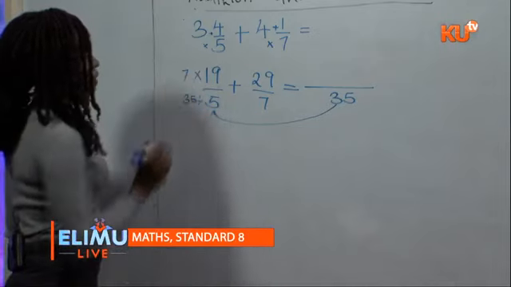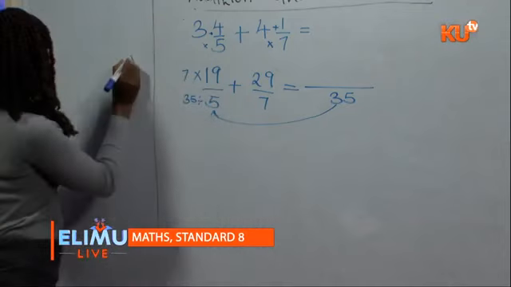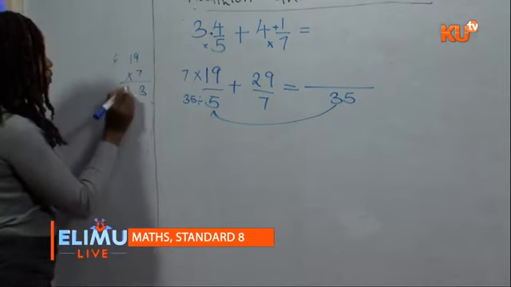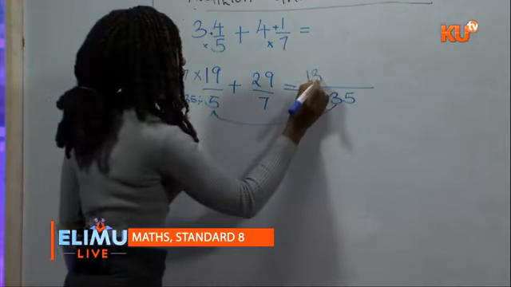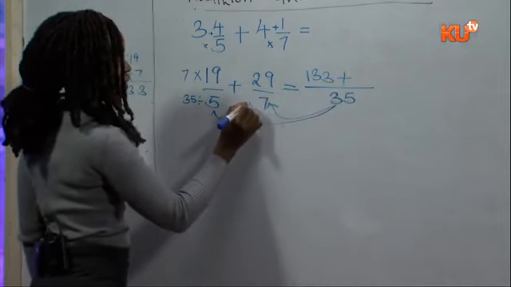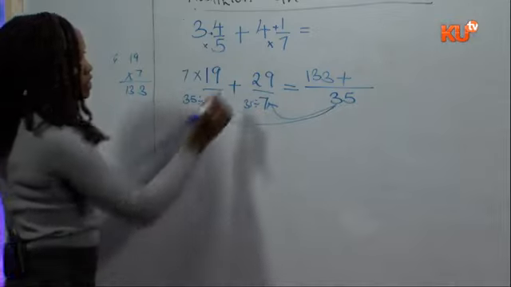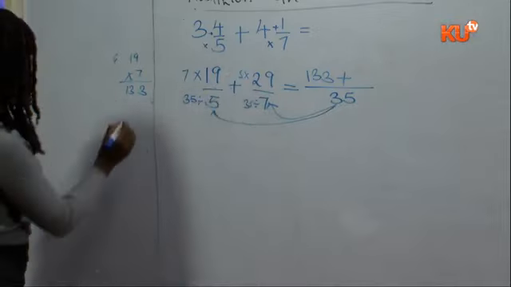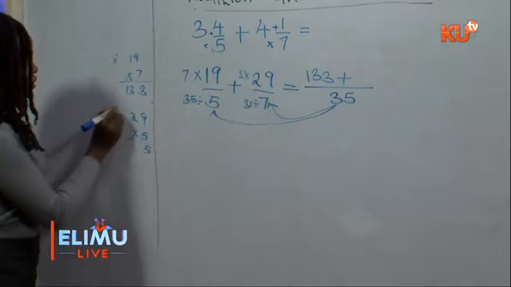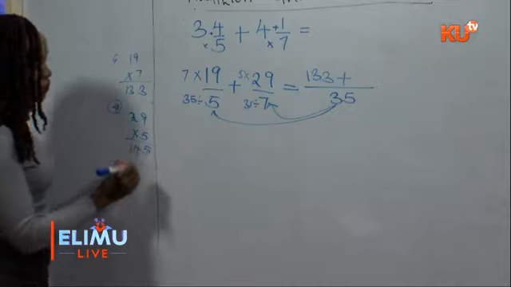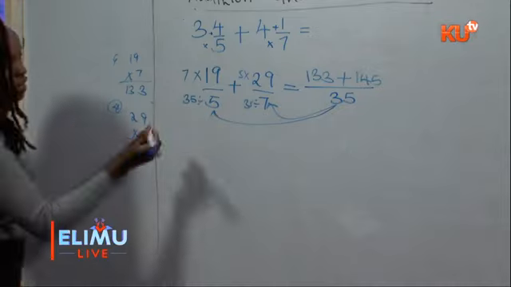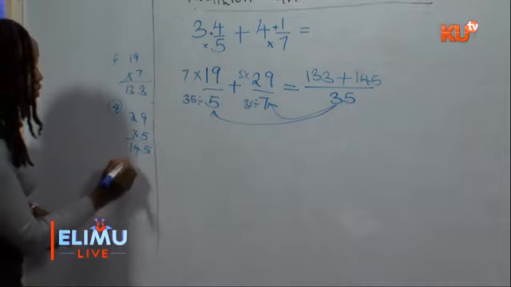Then it is 7 times 19. 19 times 7, we get 133 plus then 35, the same 35 divided by 7, we get 5, then 5 times 29, we get 145. Then we take 133 plus 145.